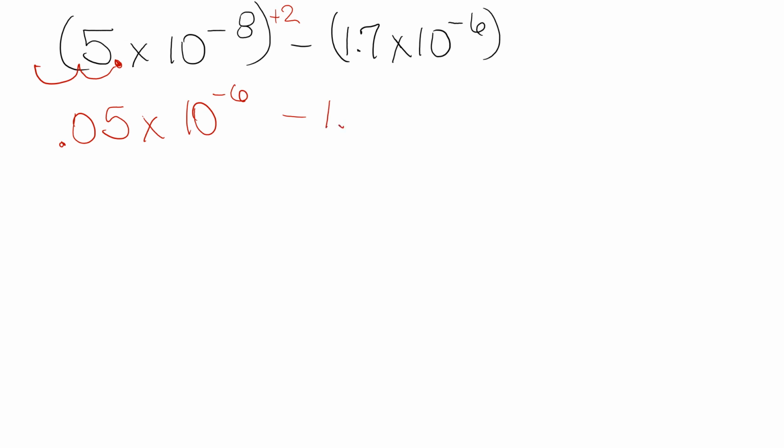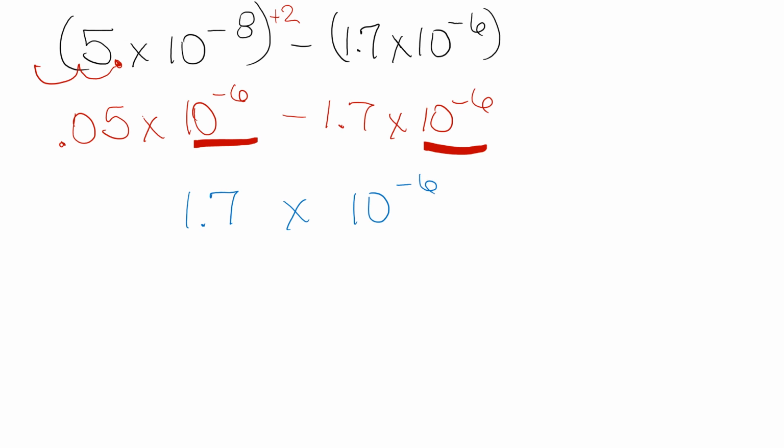The back problem of the scientific notation didn't change. But notice my exponents are now the same. So now I can just add or subtract my front factors. This is a subtraction problem, so the largest number does have to go on top. So 1.7 times 10 to the negative 6, and the 0.05 times 10 to the negative 6. We're going to subtract.